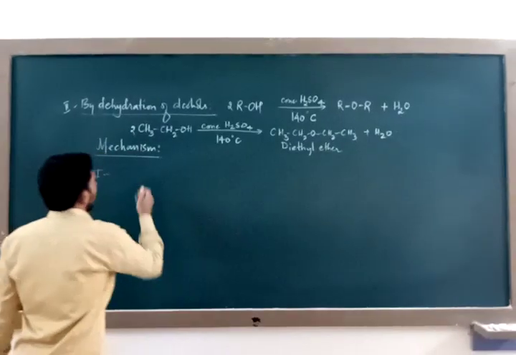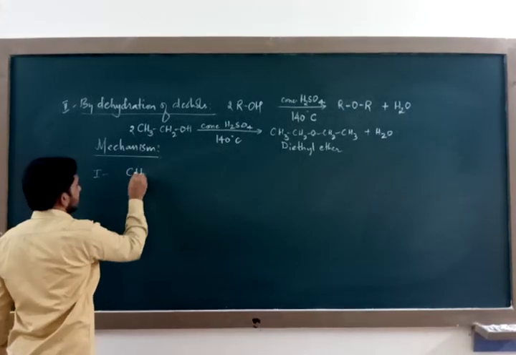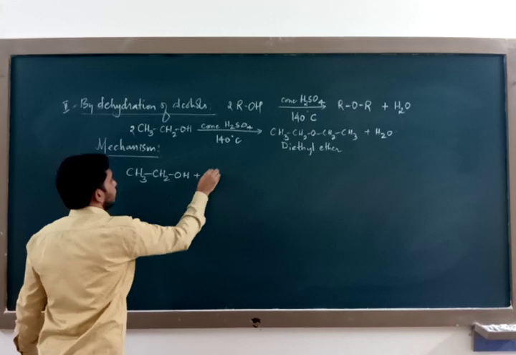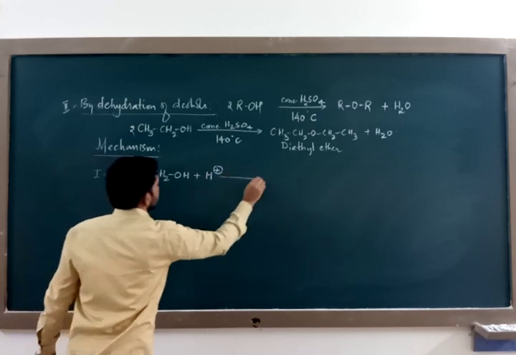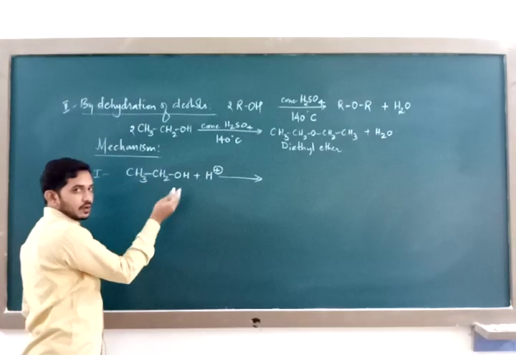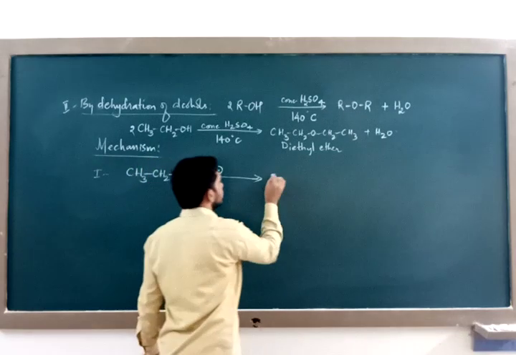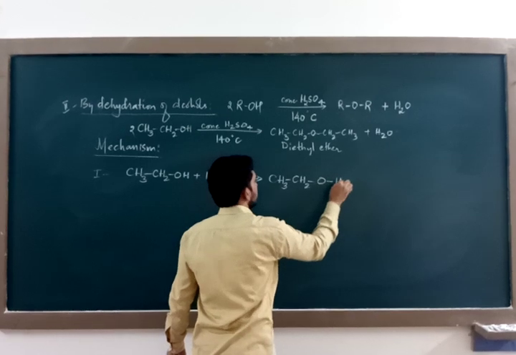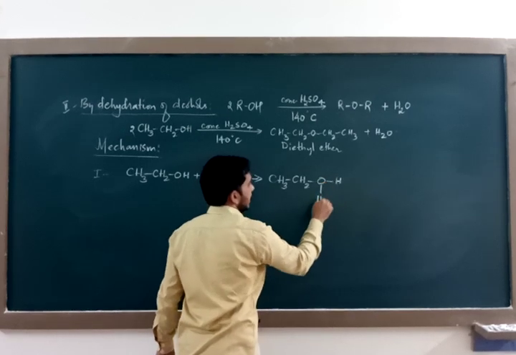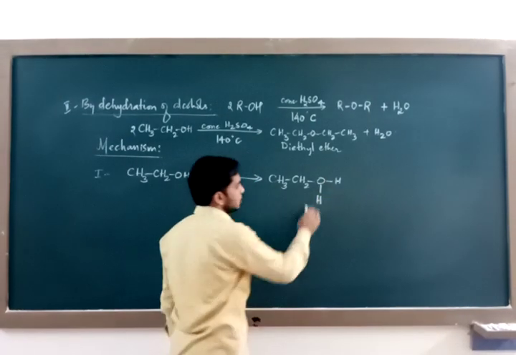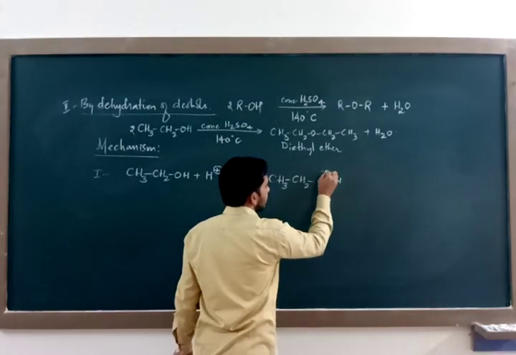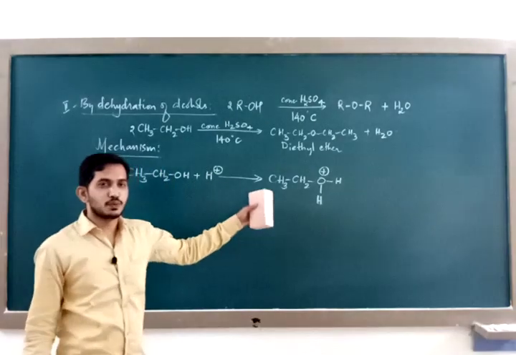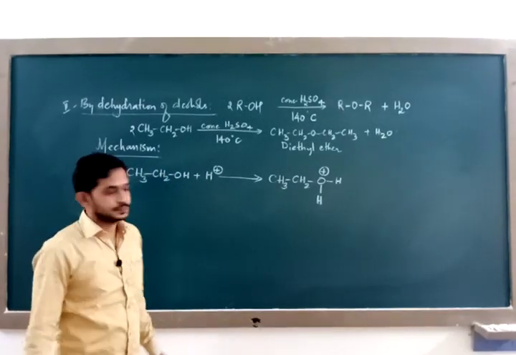So our main reagent ethanol in the first step gets protonated. So this proton attaches itself to alcohol. So you will have CH3CH2OH, and now one hydrogen got attached to oxygen. Since oxygen cannot tolerate 3 bonds, there is a positive charge. Now we call this protonated alcohol.